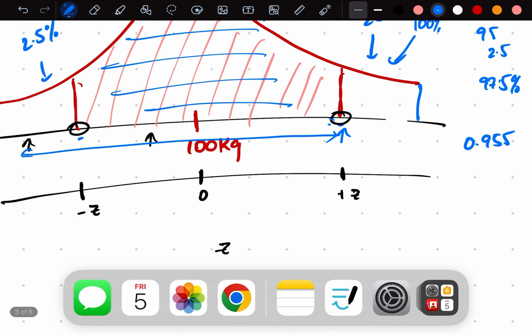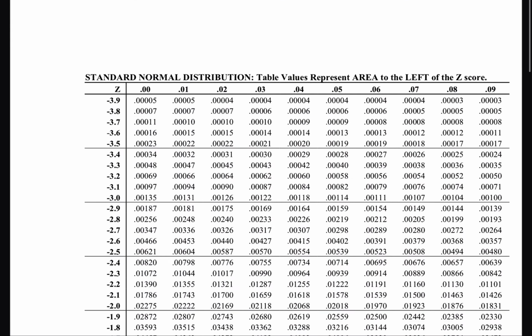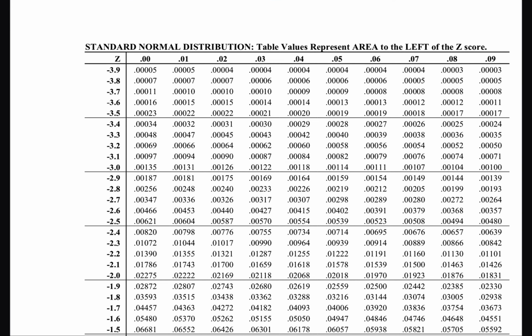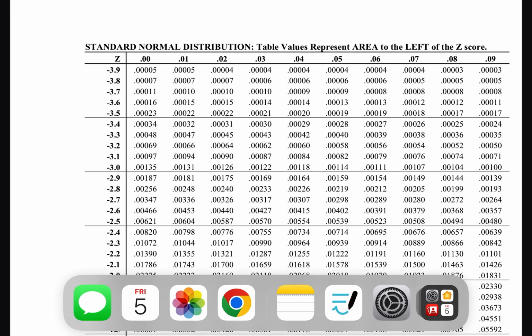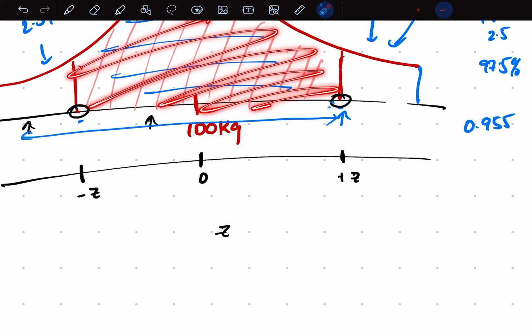And it is the right side, this is positive. What the Z table says is it gives you the value based on the area covered. It gives you the value of this based on the area covered.